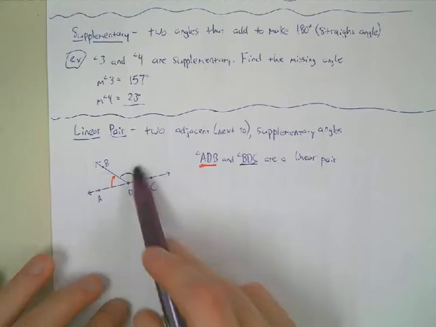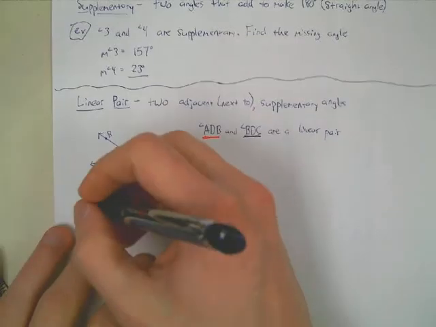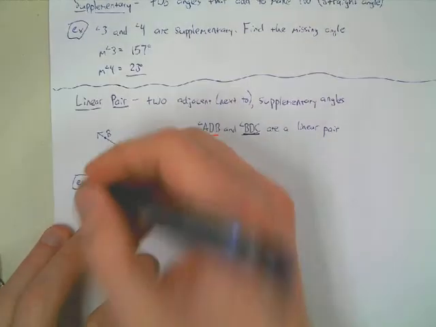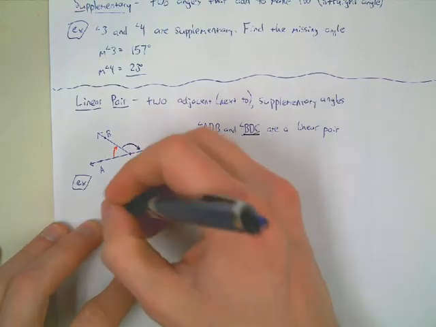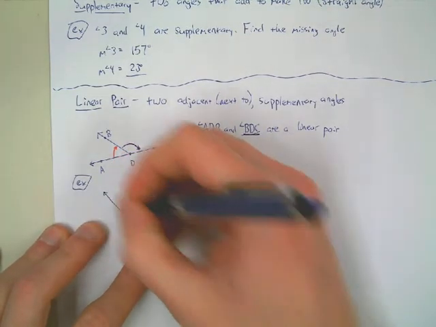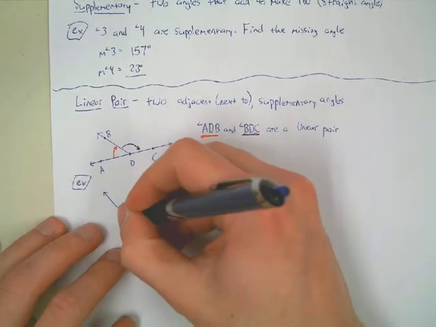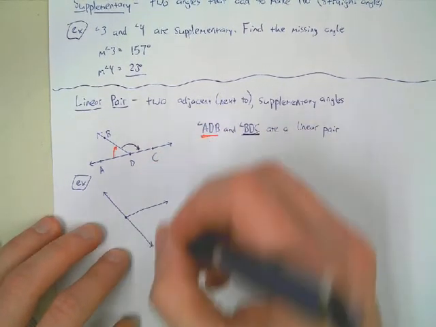Okay. So let's try an example here. All right, so let's say that in this picture here, angle 1 and angle 2 are the names for my angles.